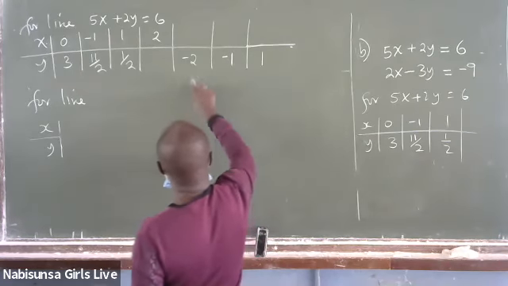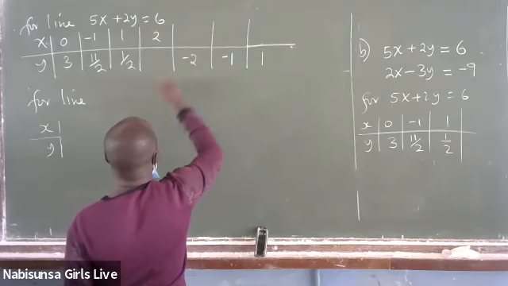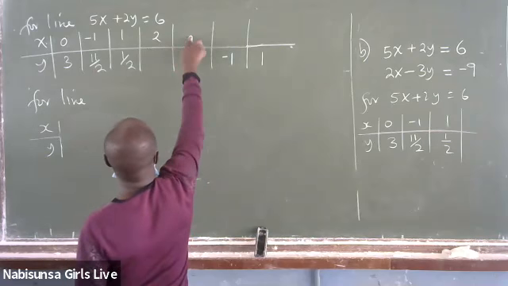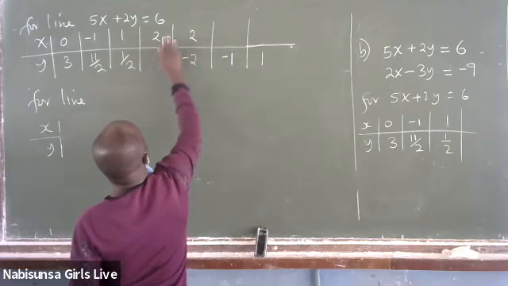So with Y as negative 2, what X did you get? 2. You got 2. Okay.